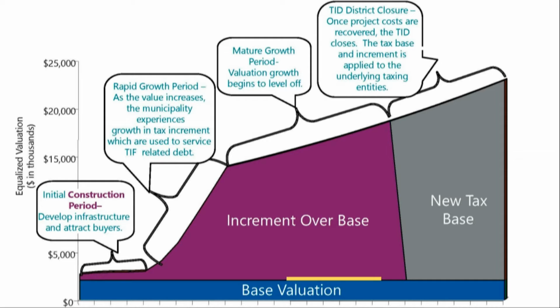The closure of that TID would be where the purple meets the gray, and that's when it would go onto the tax base for all of those taxing jurisdictions. And the argument is, of course, that if that's where the new tax base is at that time in 20 years, it may be 30% of that if the TID wasn't created. That's the thought and the idea behind TIDs.